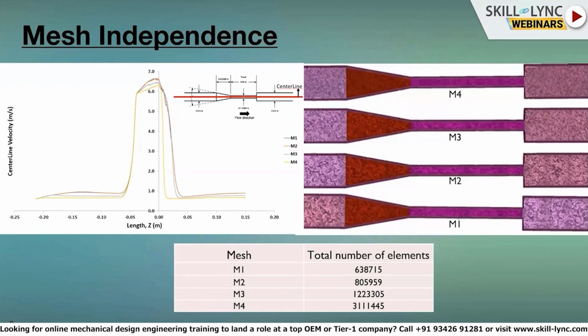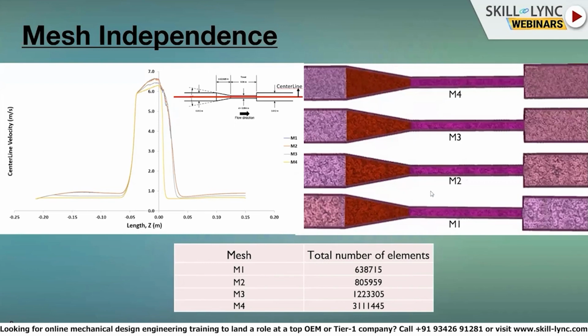So in those scenarios, there is a concept called mesh independence. Whatever solutions we obtain should be independent of the mesh. Here, as you can see, this is the geometry. This is a straight pipe with a convergence, then a straight constricted portion, and a sudden expansion. Here you can see M1, M2, M3, M4.